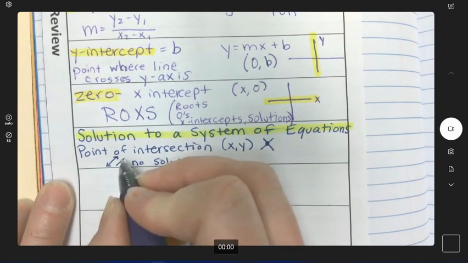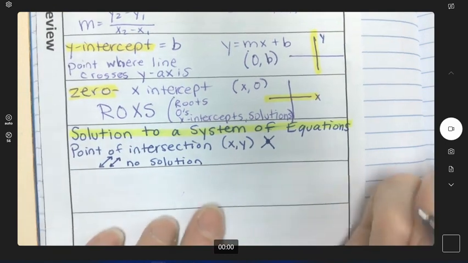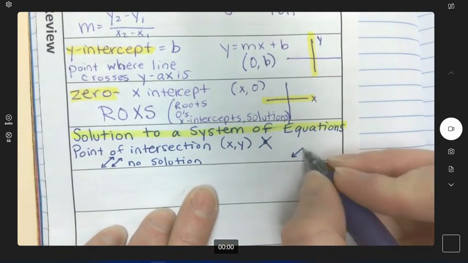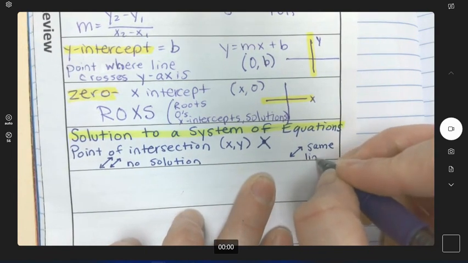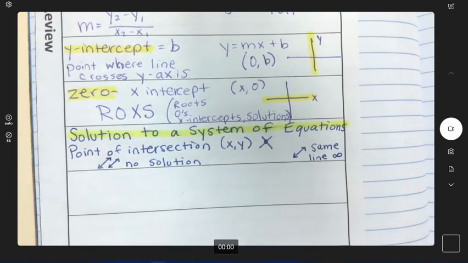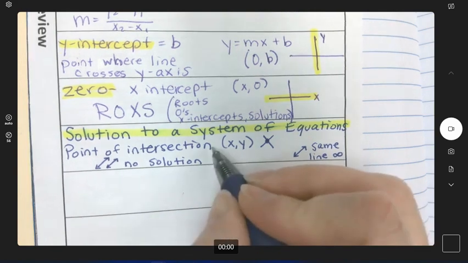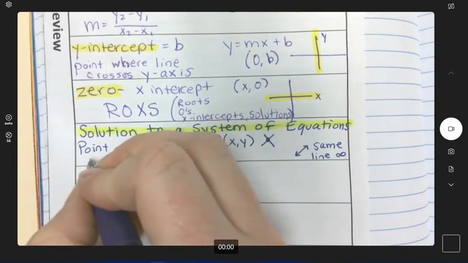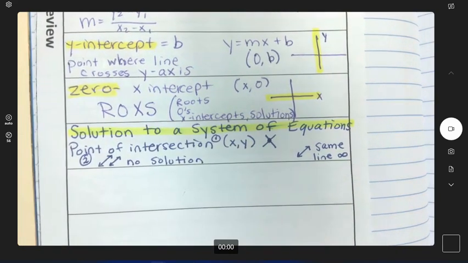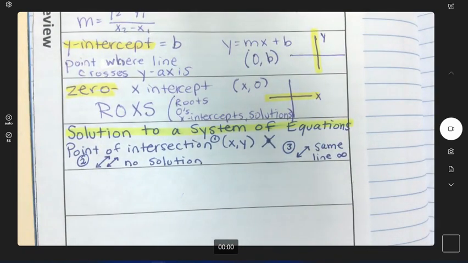If they never intersect, that means no solution. If they are the same line, that means infinite. So it's either it crosses at one point, x comma y, it's parallel lines and never crosses, or 3, it's the same line and there's infinite solutions.